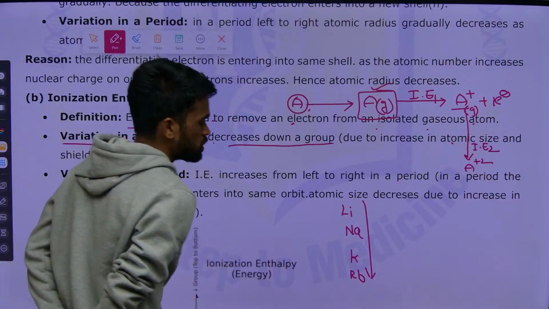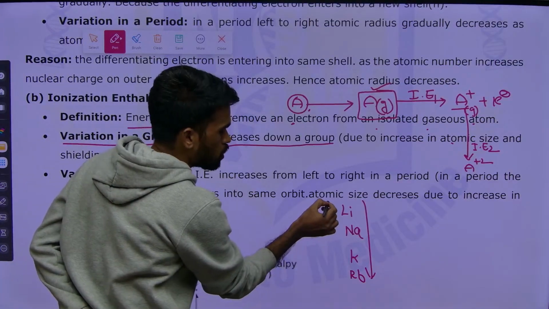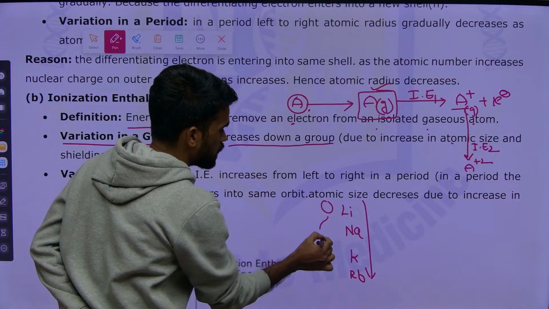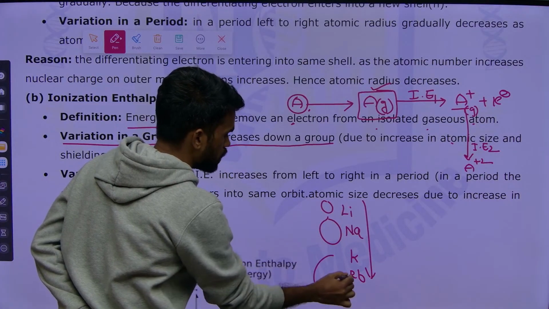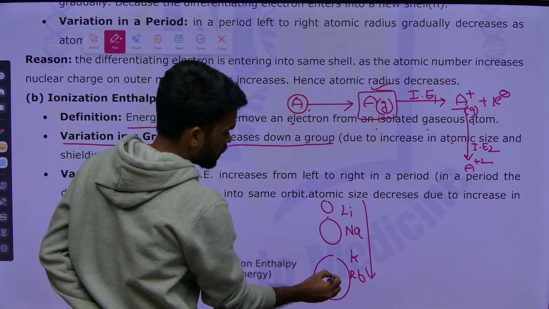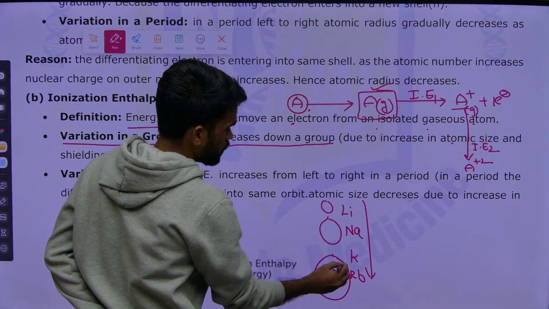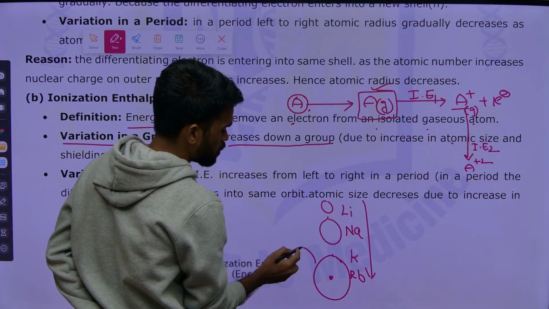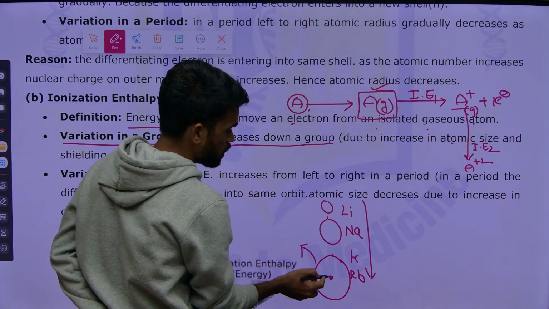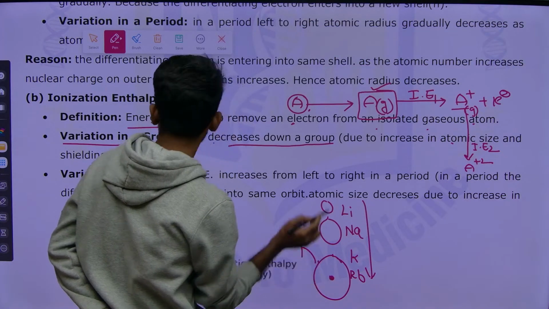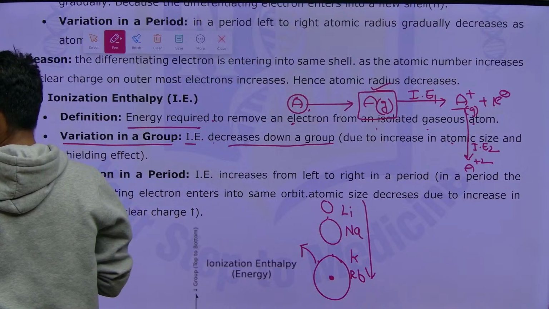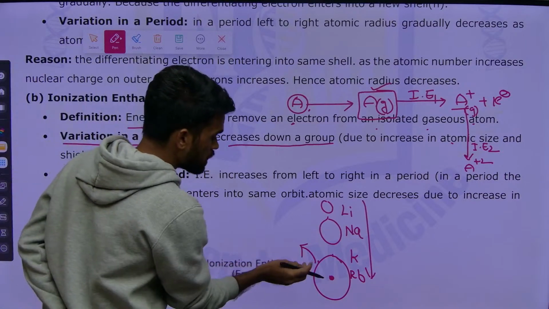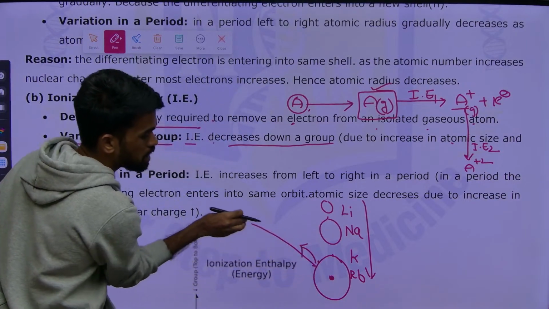As we go down the group, their size keeps increasing. If size is bigger, the nuclear force on the valency electrons is very less, so the electron can be easily removed.